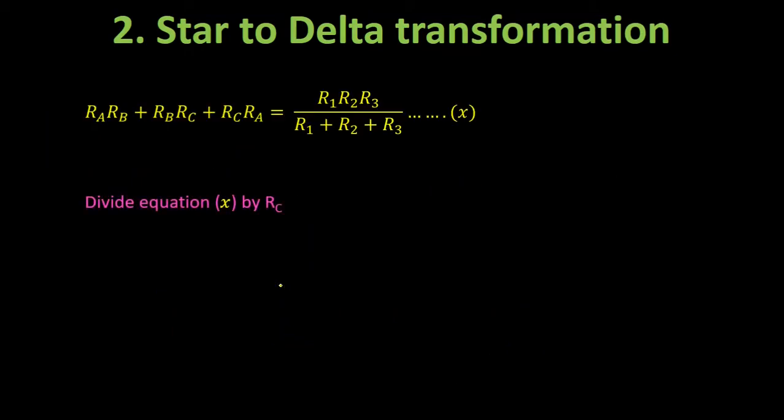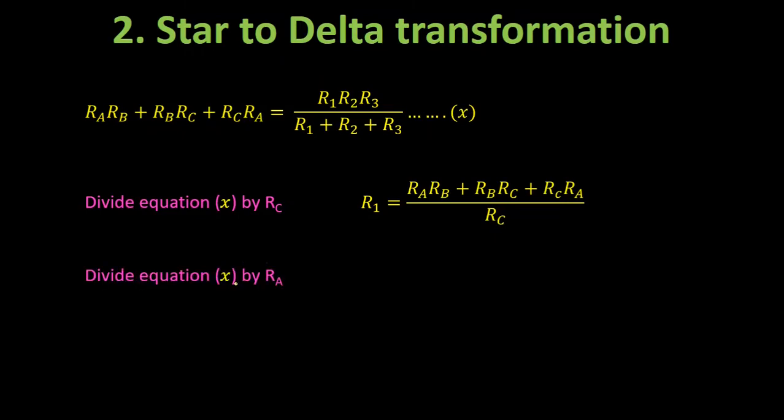Now we divide equation number X by equation number C, that means RC's equation. So we get R1's value, R1 is equal to RA RB plus RB RC plus RC RA whole divided by RC. Again we divide equation number X by RA, means RA's equation.